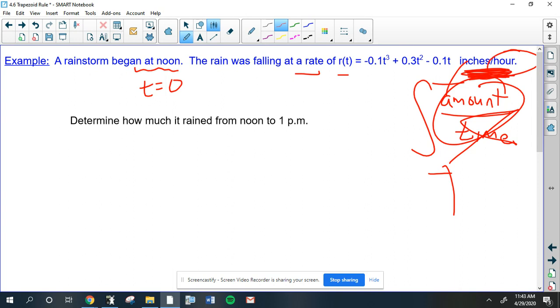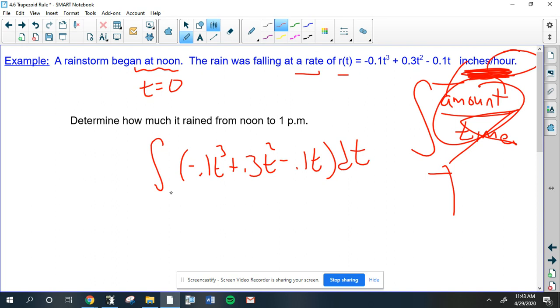So to determine how much it rained from noon to 1, we take the integral of the rate. That will give you the total amount. So negative 0.1 t cubed plus 0.3 t squared minus 0.1 t, starting at 0, noon, ending 1 hour after it.